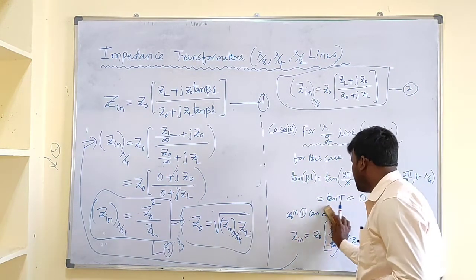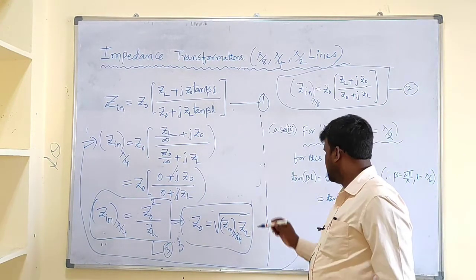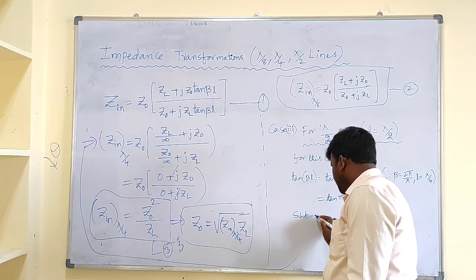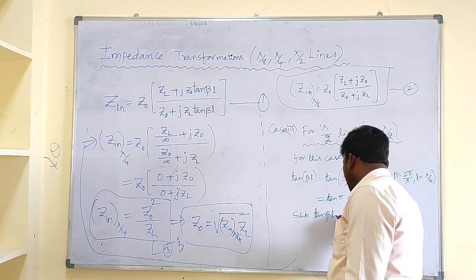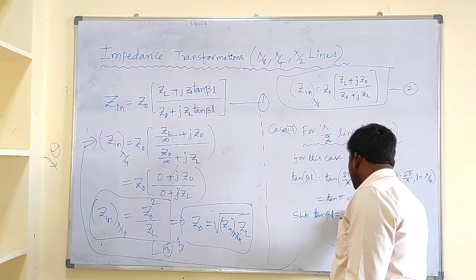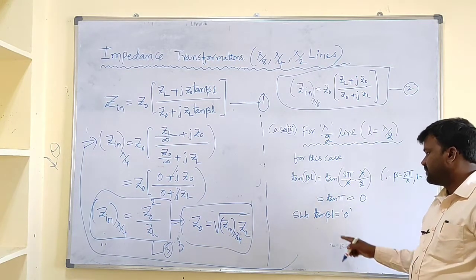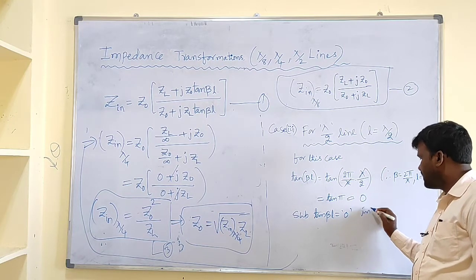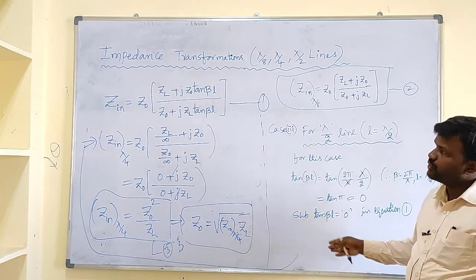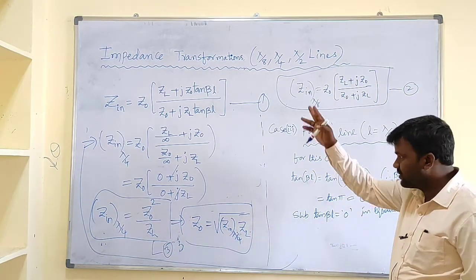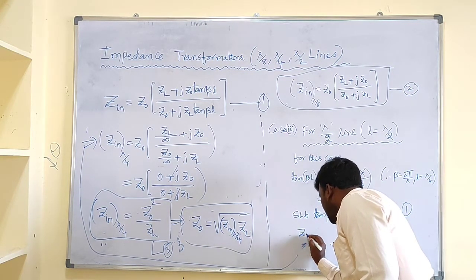Now substitute tan pi equal to 0 in equation 1. Here we got tan beta L as 0 if L equals lambda by 2. If we substitute tan beta L equal to 0 in equation 1, we will get the expression for Zin.